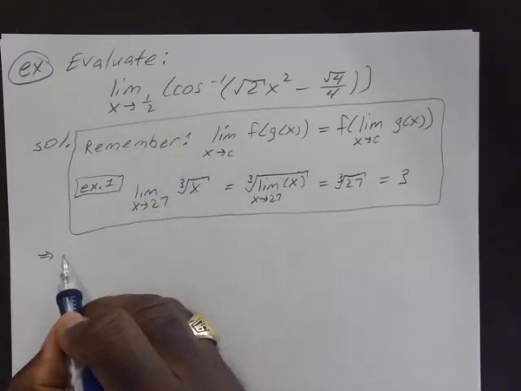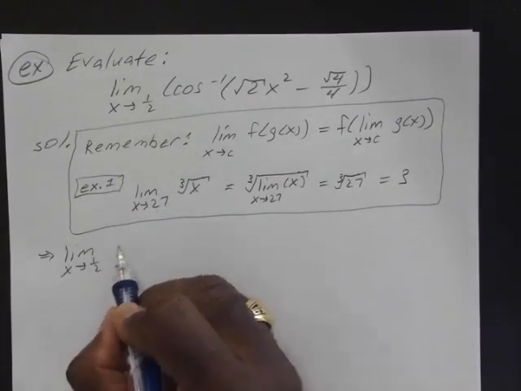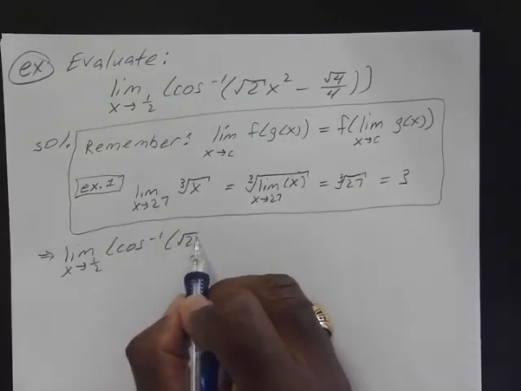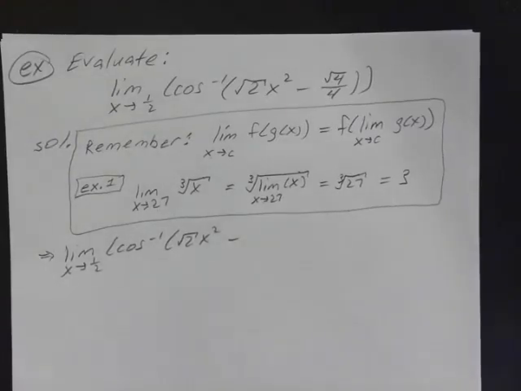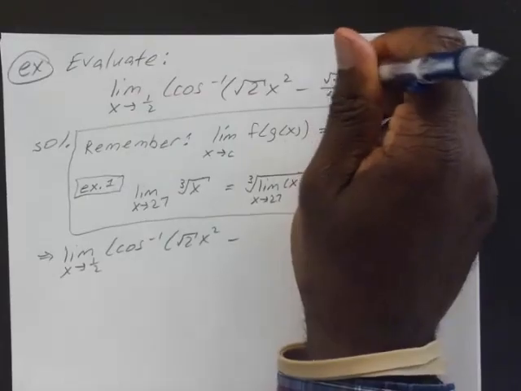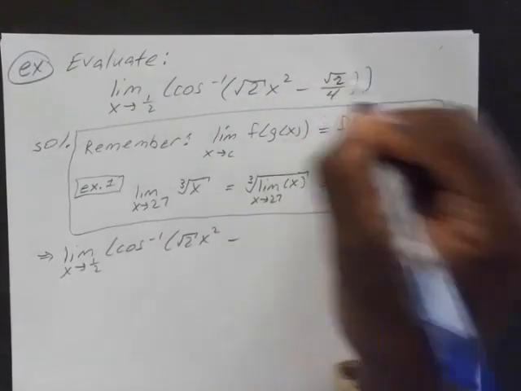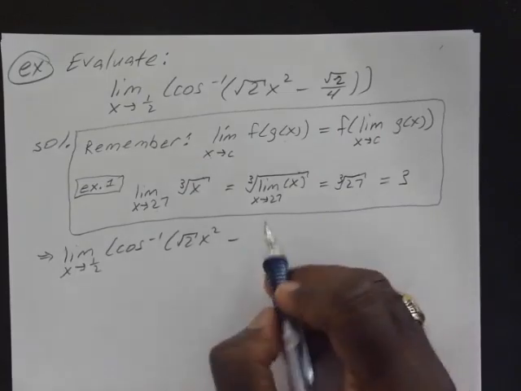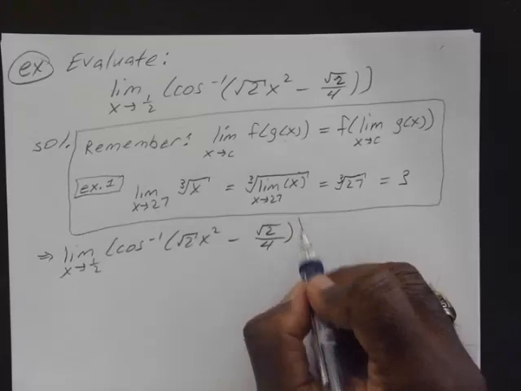So we can take our original, I'm just going to rewrite that. x approaches 1/2 of cosine inverse of the square root of 2x squared minus, oh, I put square root of 4 over 4. That should be square root of 2 over 4. Sorry about that. Square root of 2 over 4.